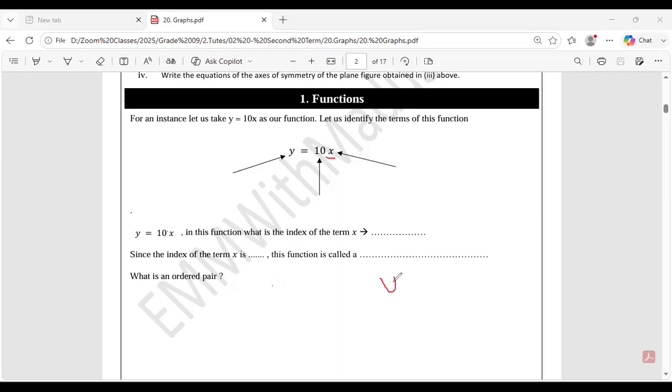If I write y equals 10x like this, the index of x is, right? That means the power of x. I am asking it in a different way. What is the power of x? Can you tell me what is the power of this x value?